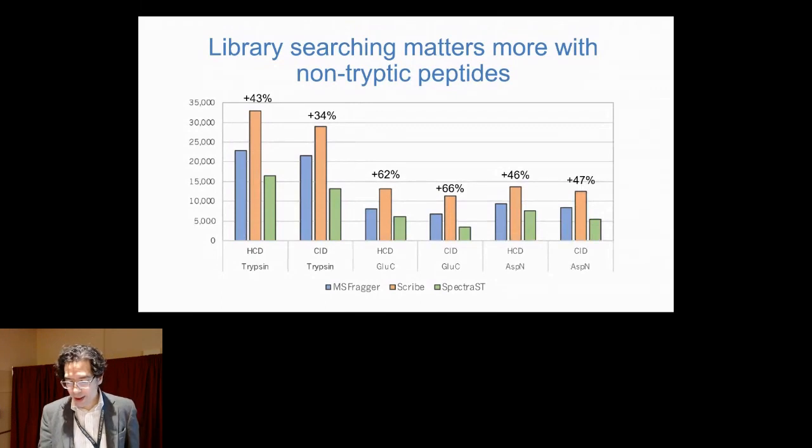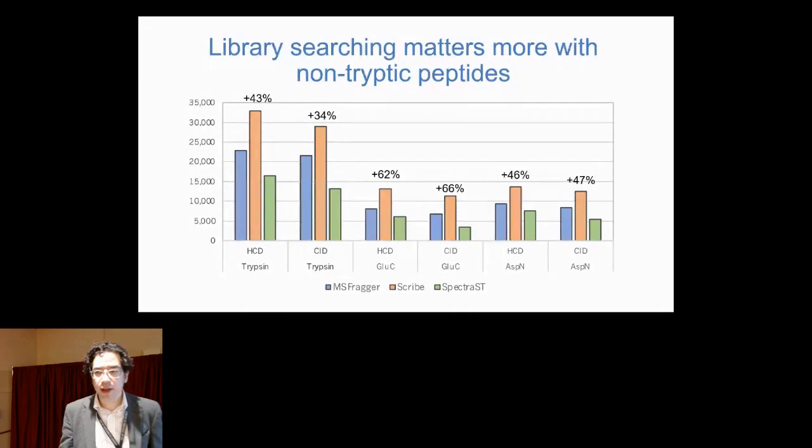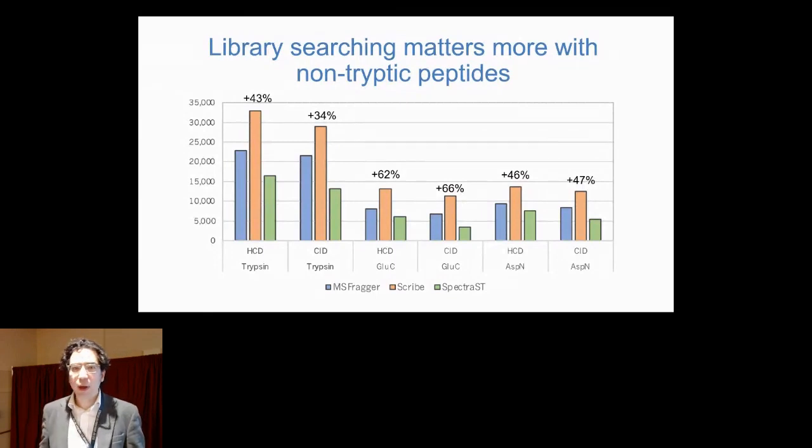But if we look at some of these non-tryptic peptides generated by other digestion enzymes that don't fragment quite as well, having access to accurate fragmentation patterns becomes much more important. In this case, despite the fact that Prosit really wasn't trained on non-tryptic peptides, we found it generalizes quite well to them. So it becomes a really powerful tool to identify peptides that are historically difficult to measure.